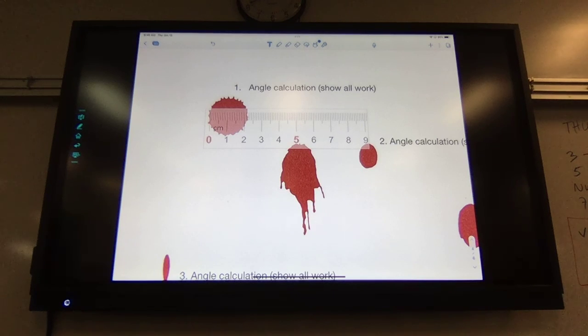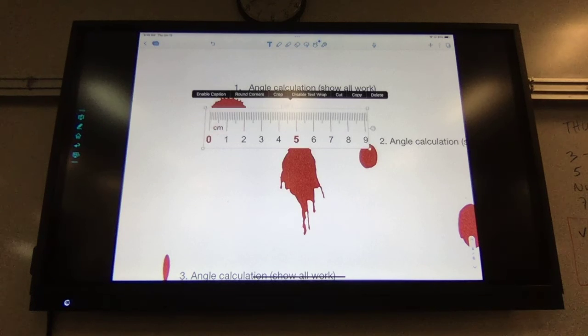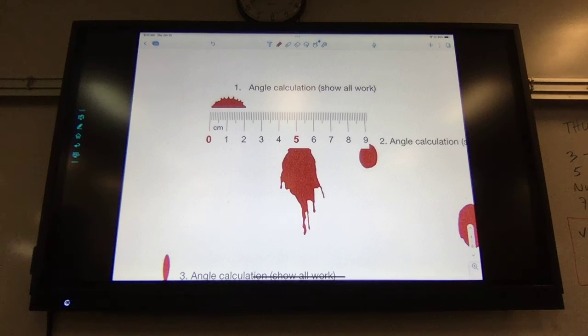So I'm going to call it 22 millimeters. And if you can see, I'm not including the spine. So I'm just doing the parent drop. So I'm going to say that the width is 22 millimeters. Your number might be different depending on how wide you made your ruler.